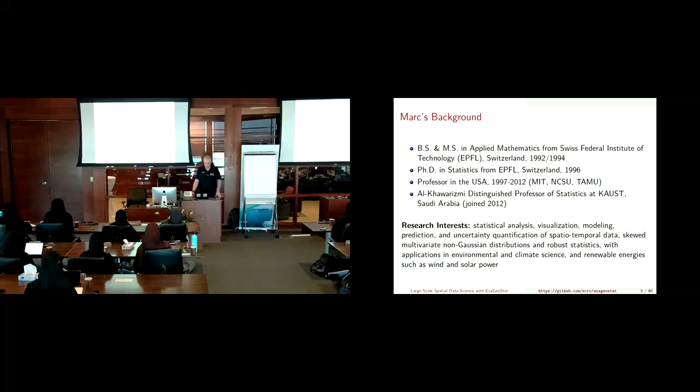So this is what I did, and I kind of focused more on statistics with the aim to work in a company after getting my PhD. But my plan didn't work like this, because I got an offer to go to MIT in the US as a lecturer in statistics. So this is what I did.